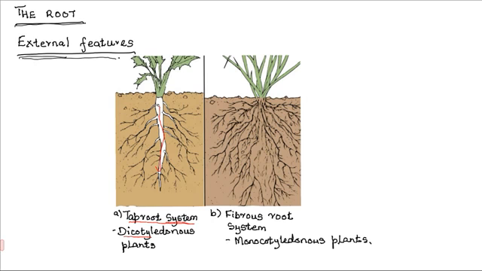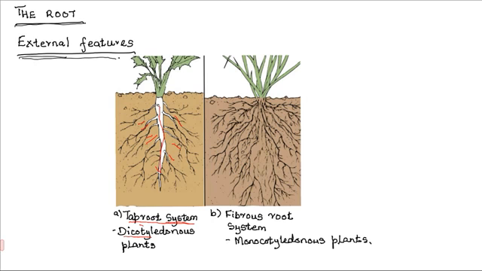This is the taproot, and branching from it are smaller lateral roots. So this is the taproot system consisting of a dominant taproot that grows downward, and then many lateral roots that branch from it, and even smaller roots branching from the lateral roots to form this taproot system.